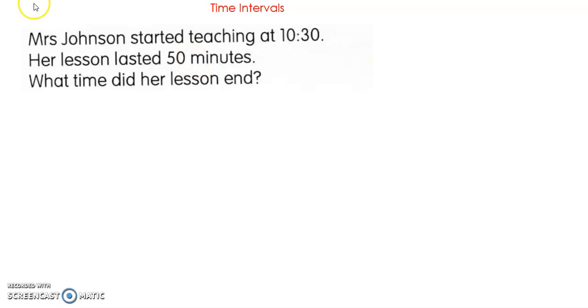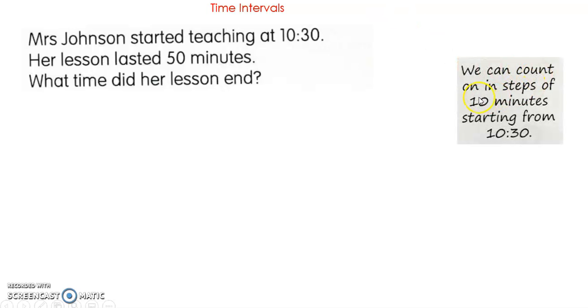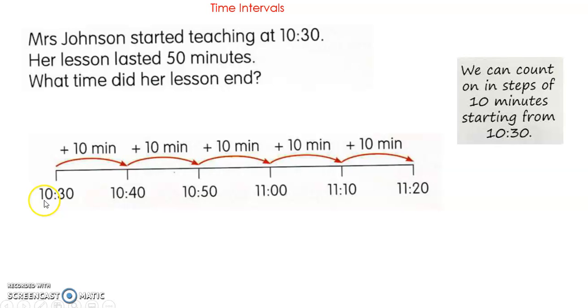So what we are going to do is count on in steps of 10 minutes, starting from 10:30, until we reach 50 minutes. Then we will stop. Starting at 10:30, because she started teaching at 10:30, I'm adding 10 minutes.